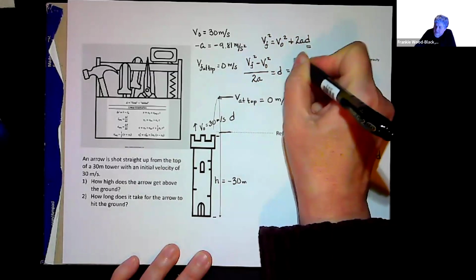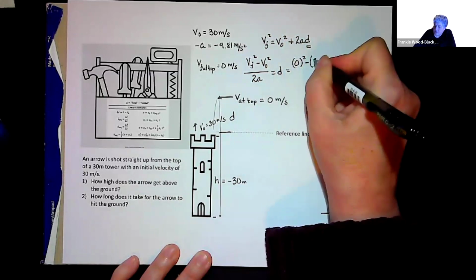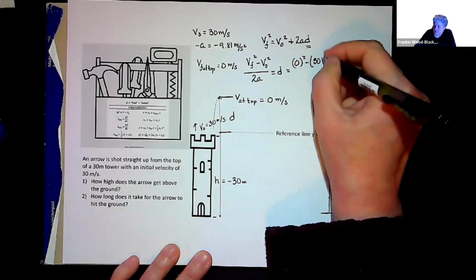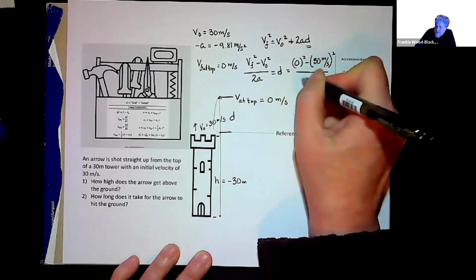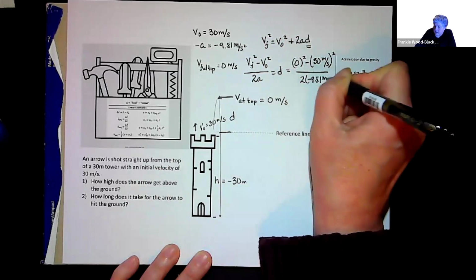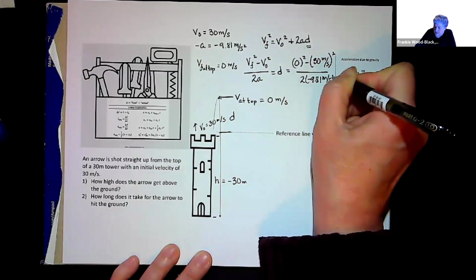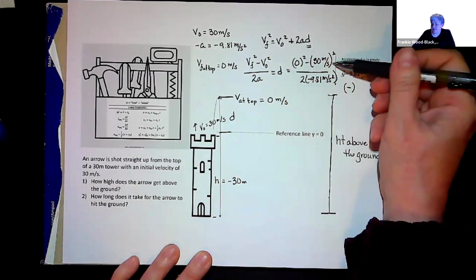This is equal to 0 minus 30 meters per second, squared, divided by 2 times a negative 9.81 meters per second squared. I get meters squared divided by seconds squared.